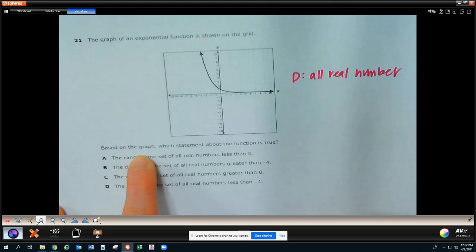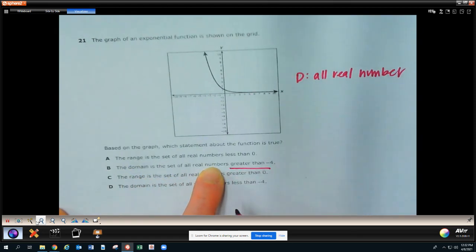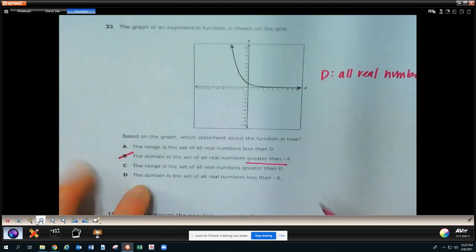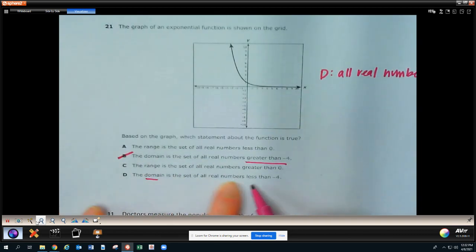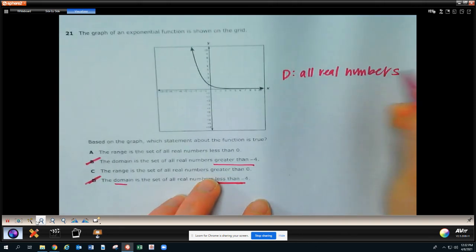Always, okay? And so the domain is a set of all real numbers greater than -4. That is not true. The domain is a set of all real numbers less than -4. That is not true. It is all real numbers all the time.